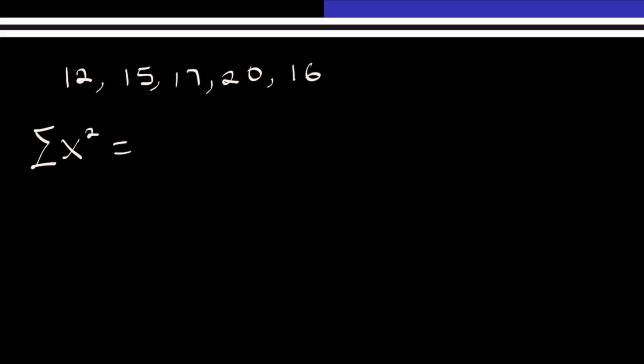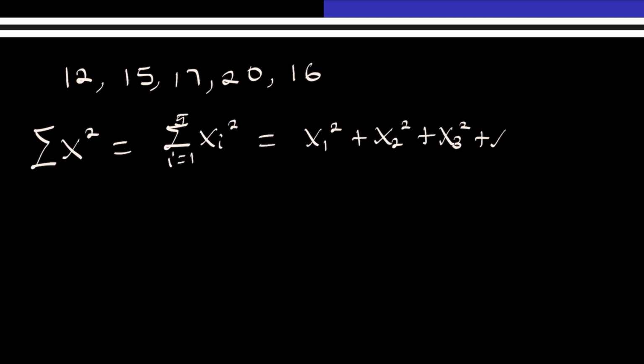Our next step is to compute sigma x squared. So here we have n to be 5, so we are going to have summation i running from 1 to 5 of xi squared. That is going to give us x1 squared plus x2 squared plus x3 squared plus x4 squared, then plus x5 squared.